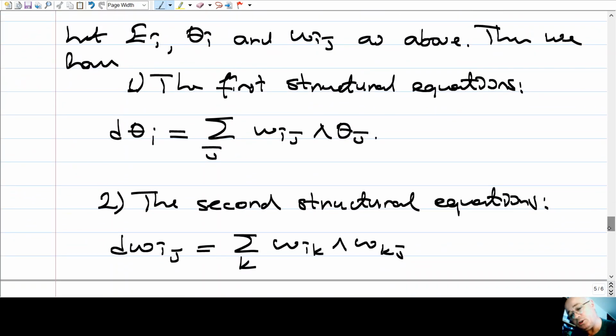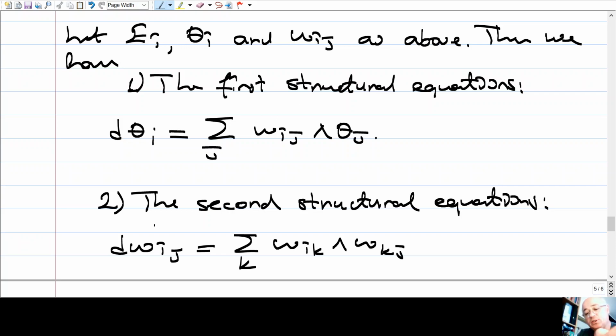These are important because we have this frame field. Using this frame field, we define these objects, one forms and connection one forms. Since they are one forms, it is natural to take their derivatives and obtain two forms.